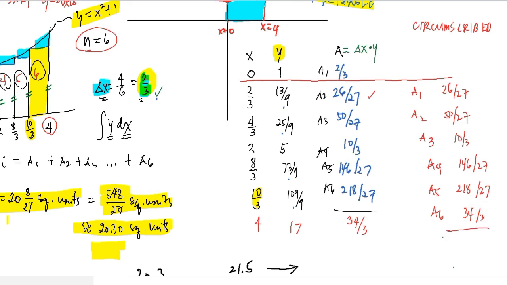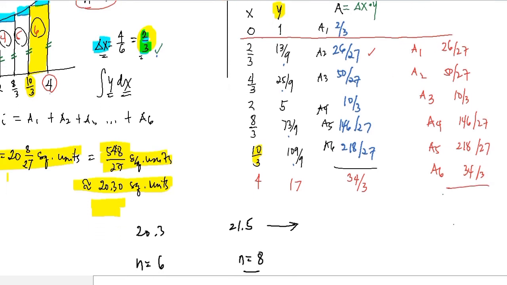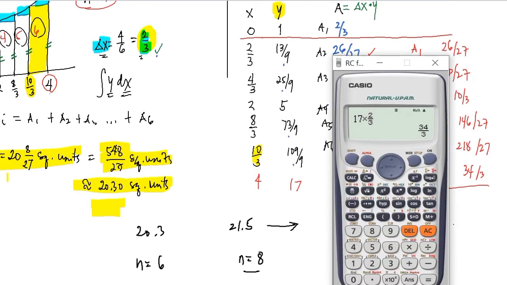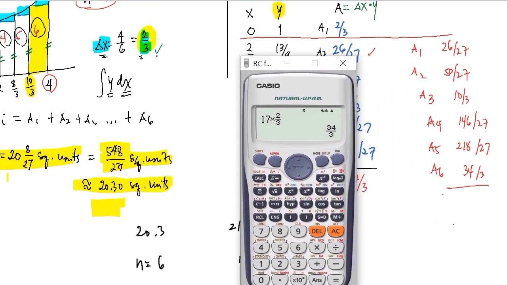Now, if we are going to sum them up para makuha natin yung total na area natin, so we would have lahat naman over 27 halos.